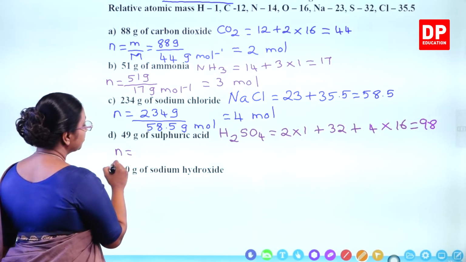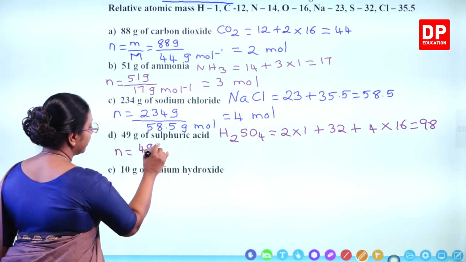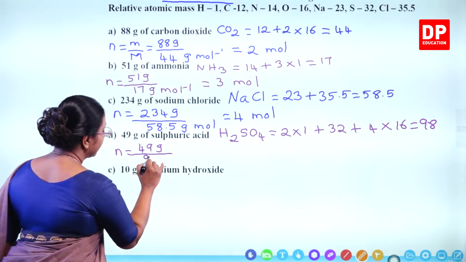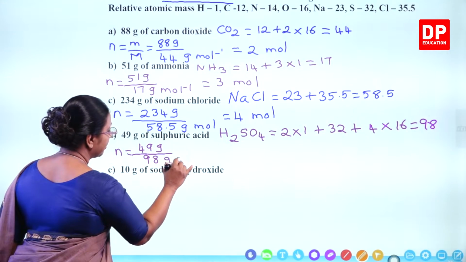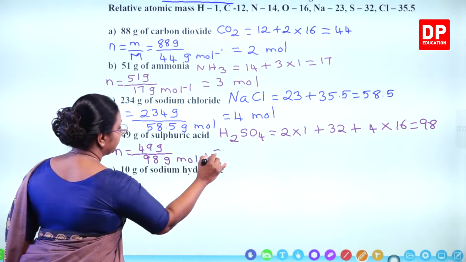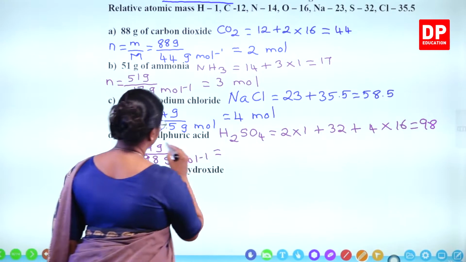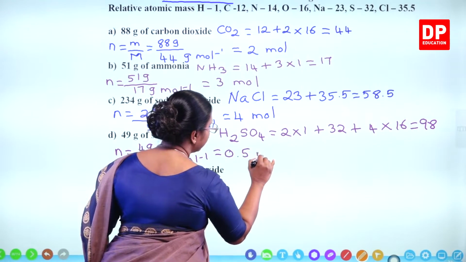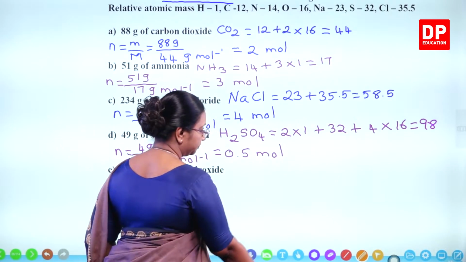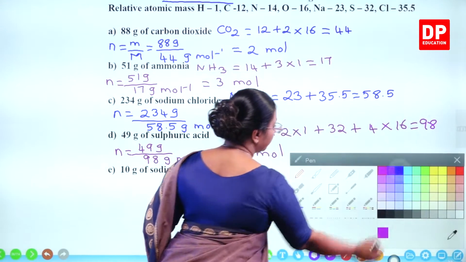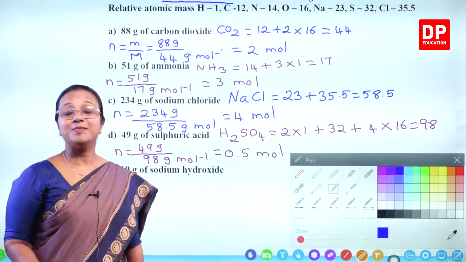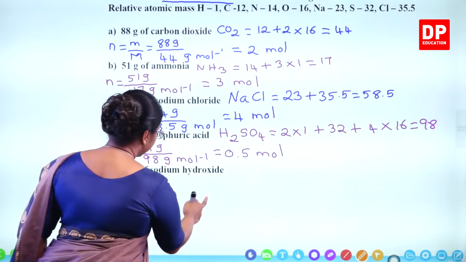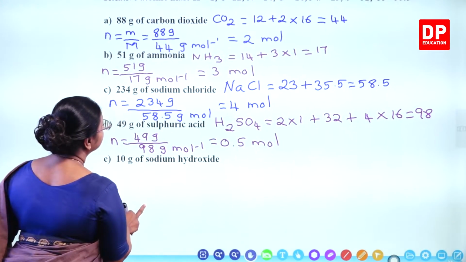Number of moles is what? 49 grams divided by 98 gram per mole. What is that equal to? 49 over 98, 0.5 moles. So is that correct? I am sure yes. So then the last one.